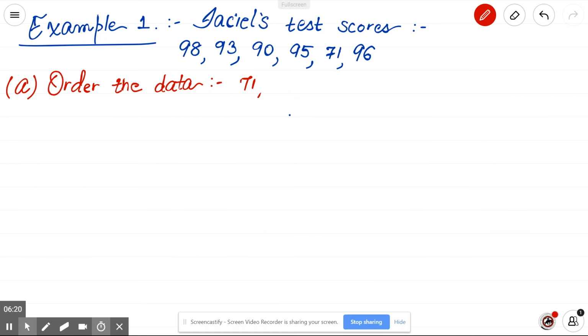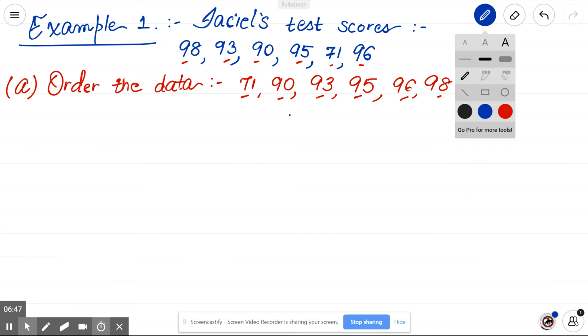So 71, 90, 93, 95, 96, and 98. So let me check if I took all the values. 98 is here, 93, all right, 90, 95, 71 is here, and 96. All right, so they all have a dash under them, so I've taken care of everybody.